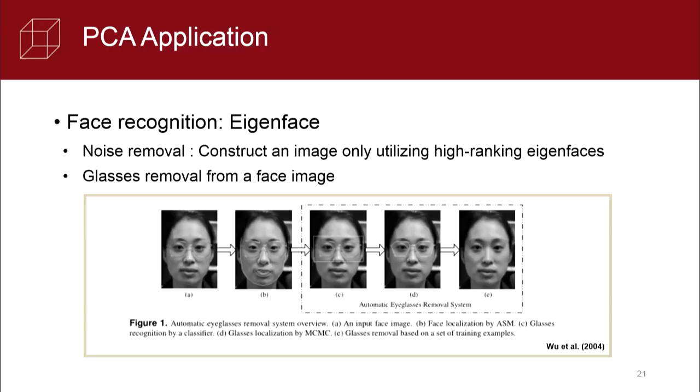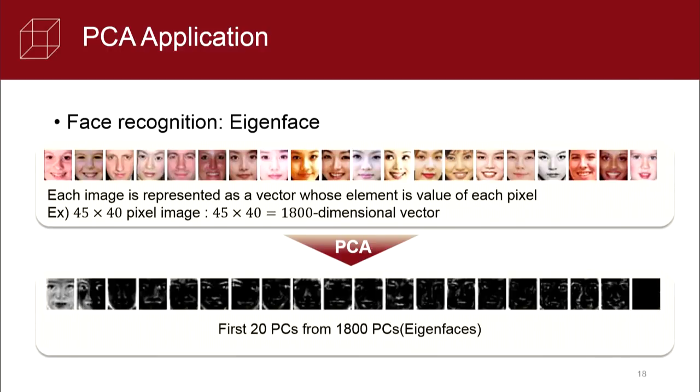By using principal component analysis, we try to remove some kind of noise on the image. So how can we do it? In order to do so, we use a bunch of data representing faces having no glasses, and each image is represented as a vector whose elements are the pixel values.